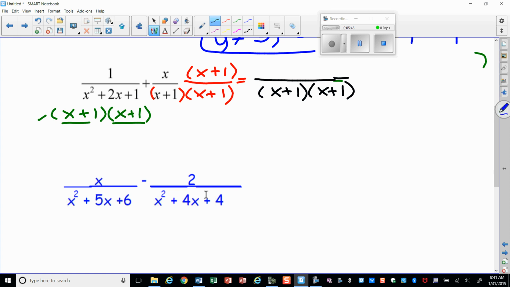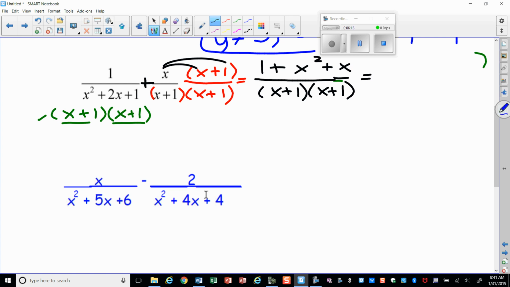And then when I multiply on the top, I've got 1, right, plus, and then I have to distribute this x. So that would be x squared plus x. And so I have a polynomial on the top, and the question is, can I factor that?